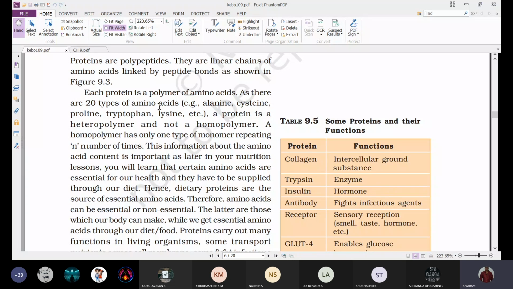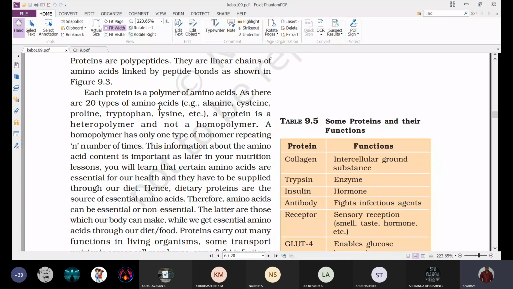And the second type is non-essential amino acids. These are the amino acids which can be synthesized in our body even if they are not present in the diet we take, because they can be synthesized in our body. That is what we can see here. You will learn that certain amino acids are essential for our health and they have to be supplied through our diet, only through the food we take.